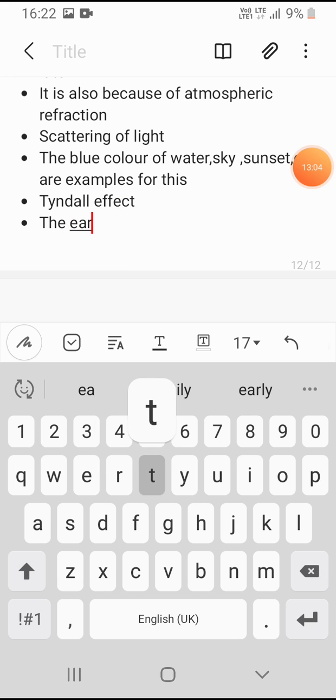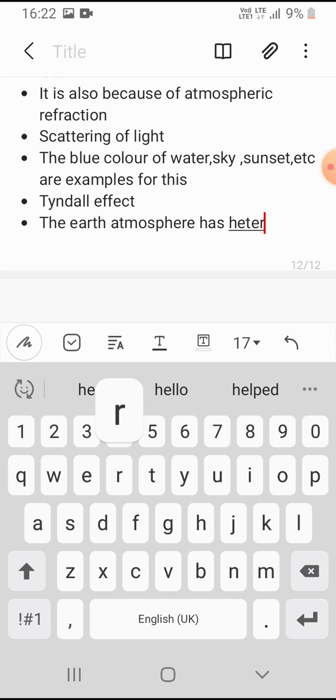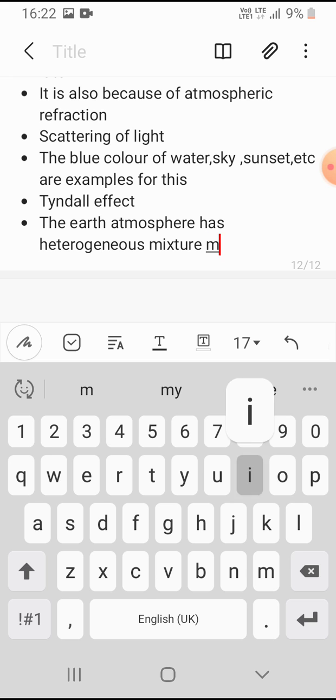Earth's atmosphere has a heterogeneous mixture of particles, as you may know and have learnt in your classes.